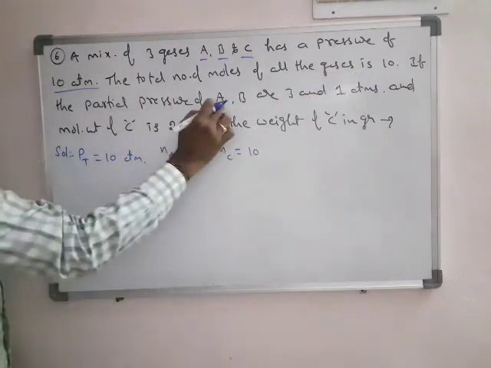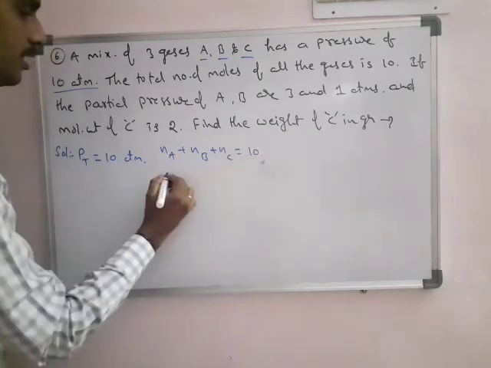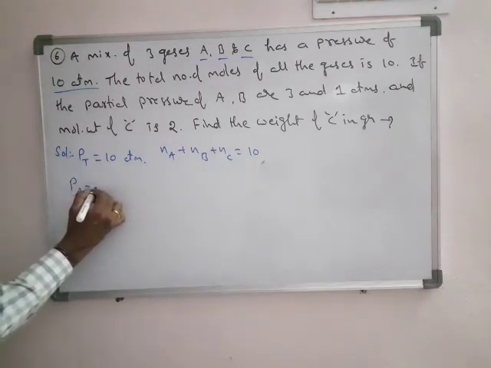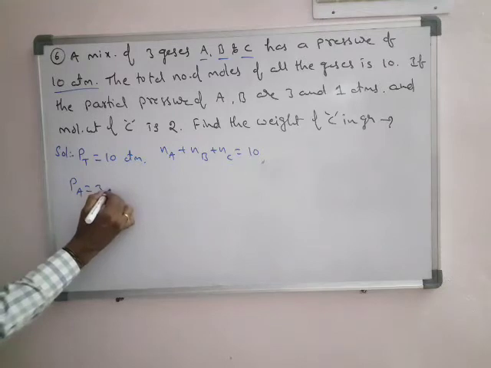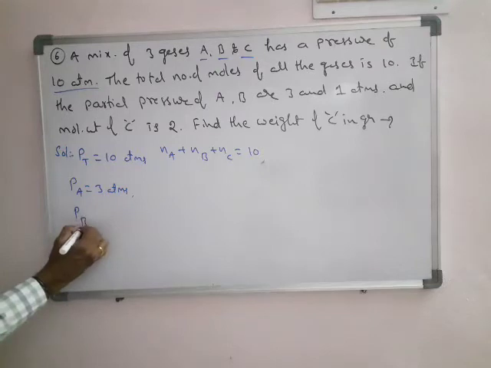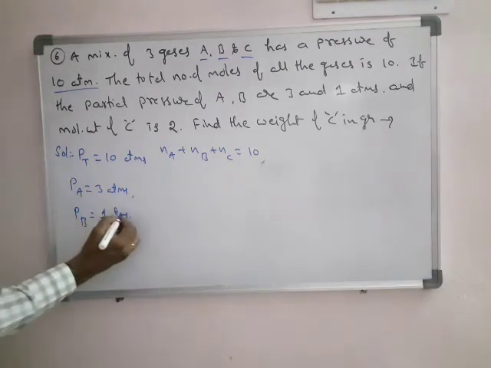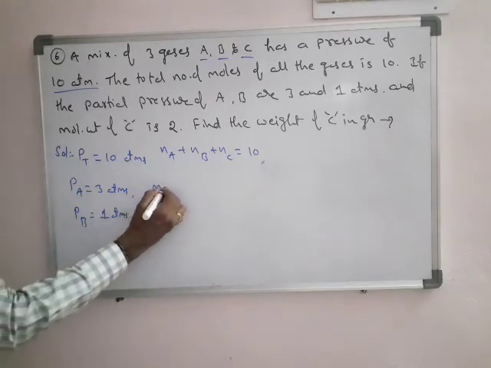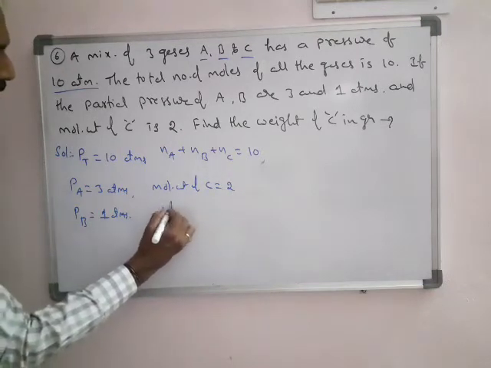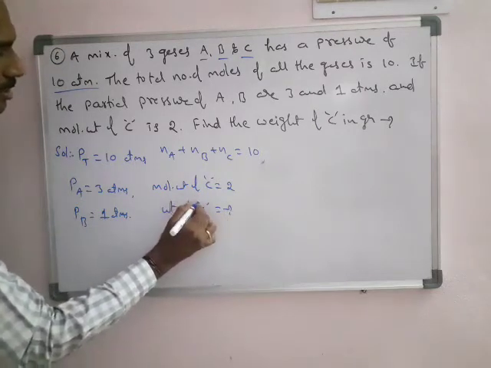The partial pressure of A is 3 atm and partial pressure of B is 1 atm, and it is given that the molecular weight of C is equal to 2. We need to find the weight of C. So these are the conditions and this is the question.